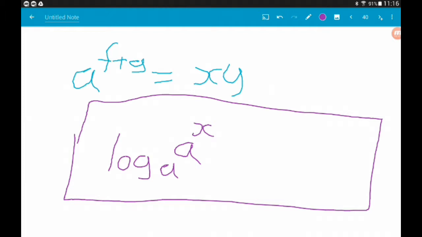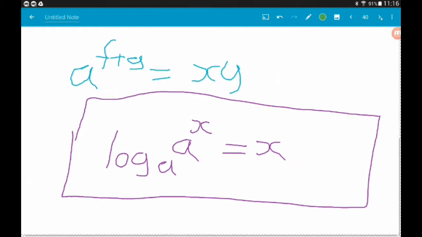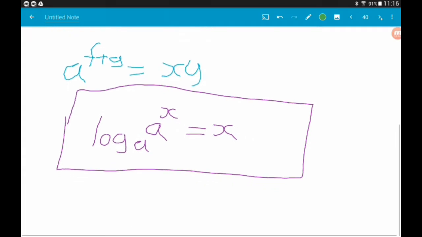So log base a of a to the power x is just x. In other words then, taking the log base a of a to a power is just equal to the power. So our next step then is to take the log base a of both sides.